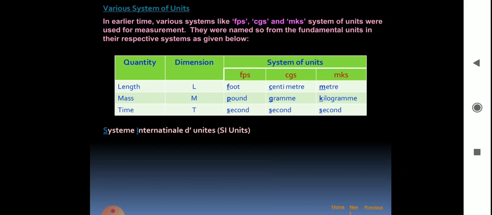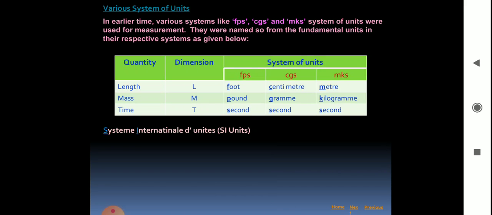So here we have various systems of units. In earlier times, various systems like FPS, CGS and MKS systems of units were used for measurement. They were named so from the fundamental units in their respective system, as given below.